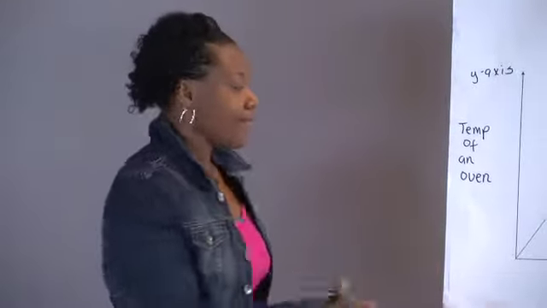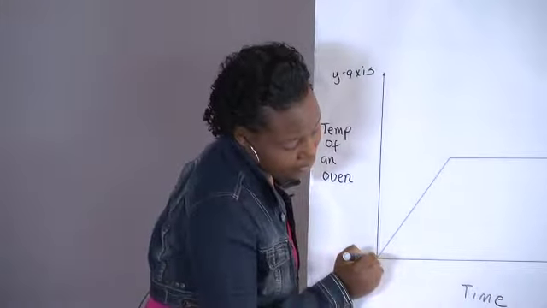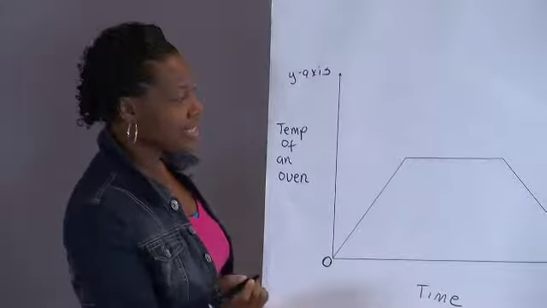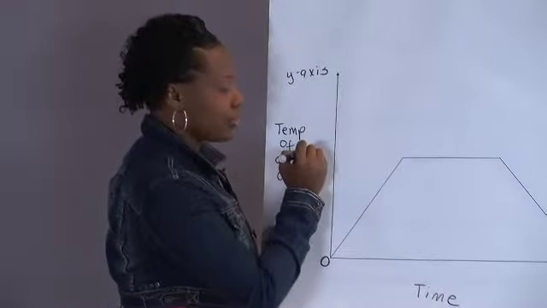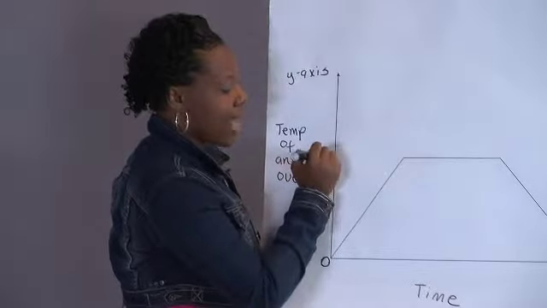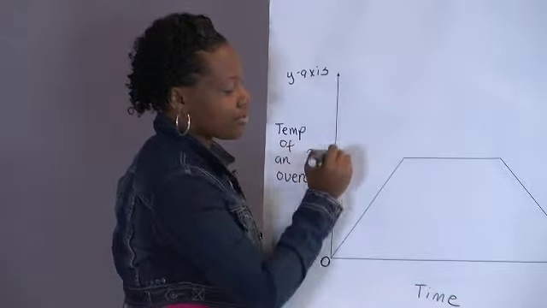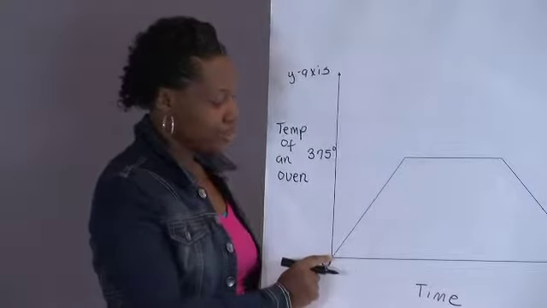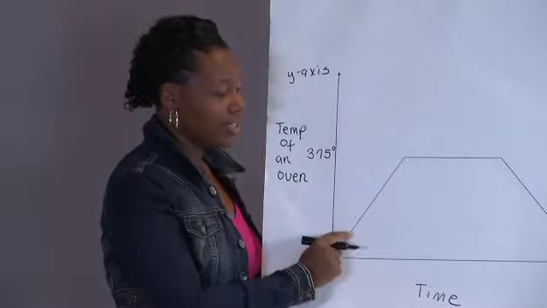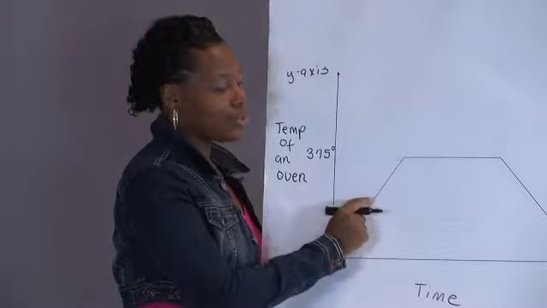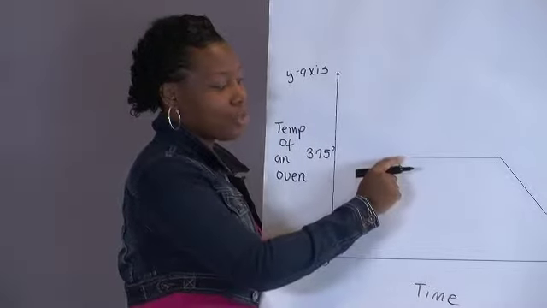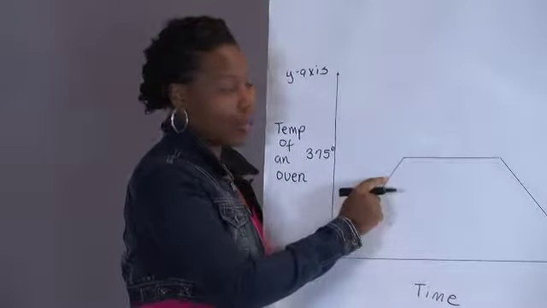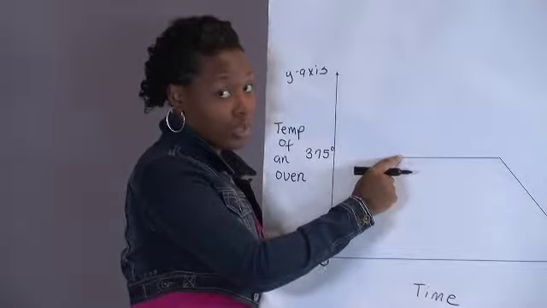So let's say I'm starting here. This is my initial temperature. I need to get to 375 degrees. What's happening with an oven when you turn it on? The temperature is slowly increasing over time until you get to your desired temperature. You with me on that?